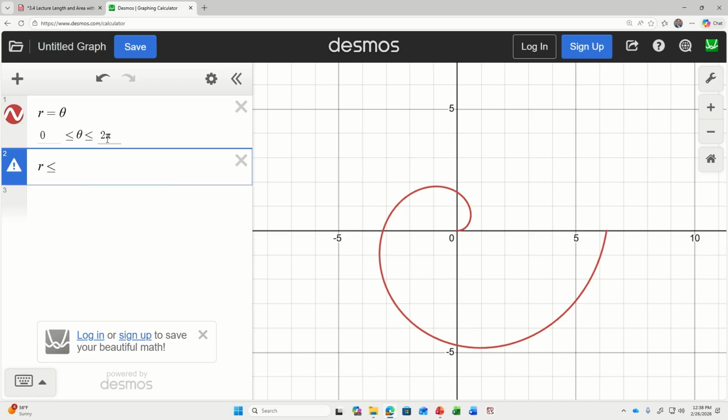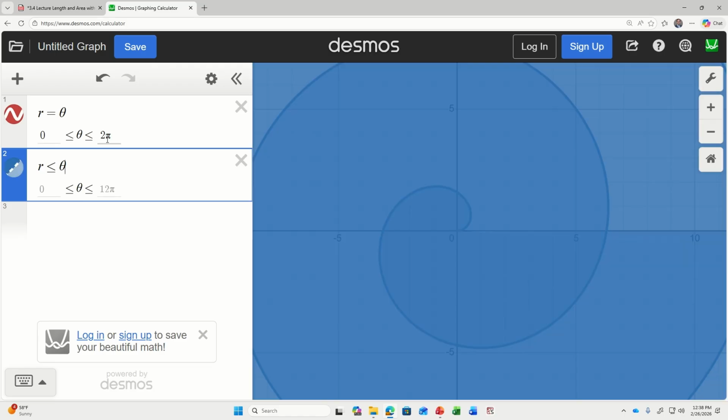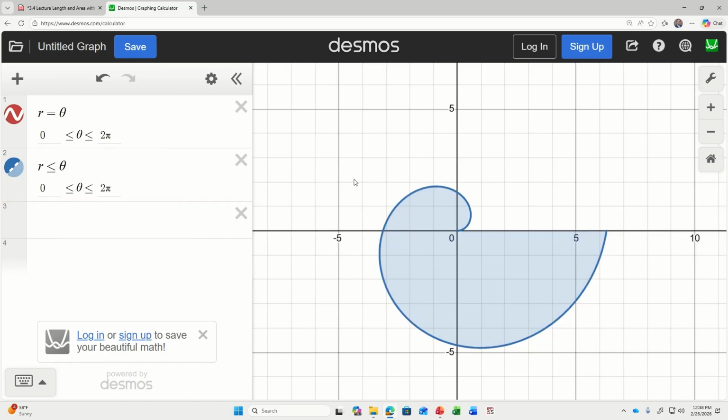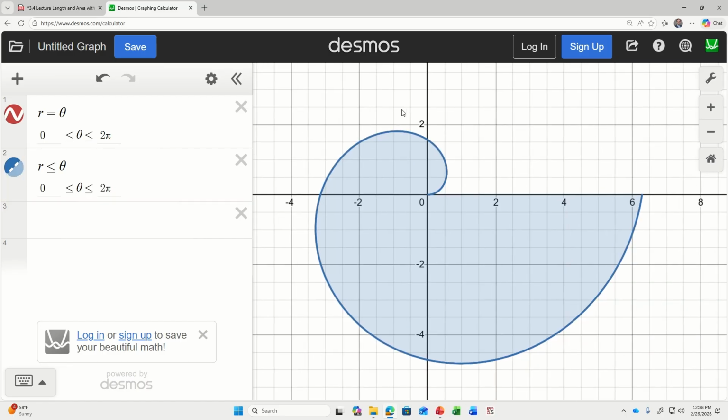That'd be r less than or equal to theta from 0 to 2 pi. Okay, perfect. That's what I want. So we're trying to find this blue shaded region.